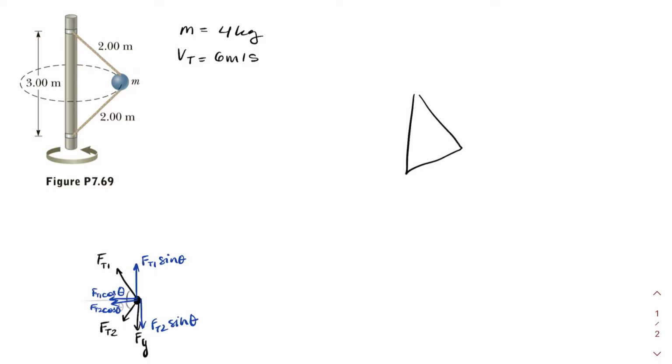If we draw the shape out like a triangle, we know that this length right here is 3 meters, and this can be divided into two congruent triangles. So that means each of these is 3 divided by 2, which is 1.5 meters.